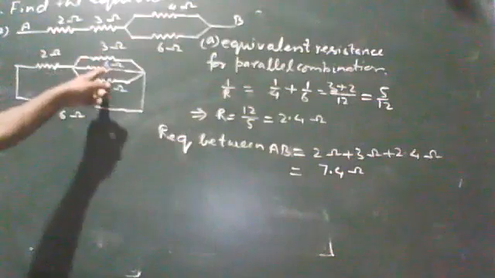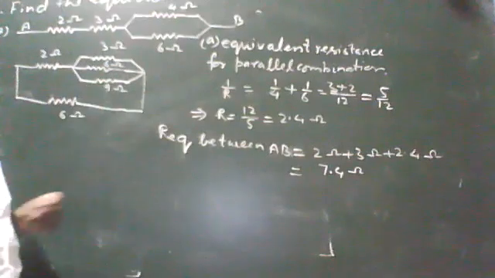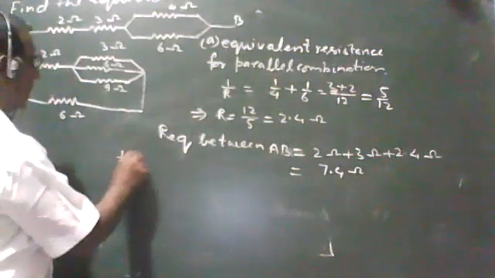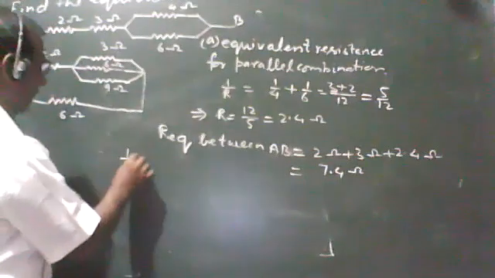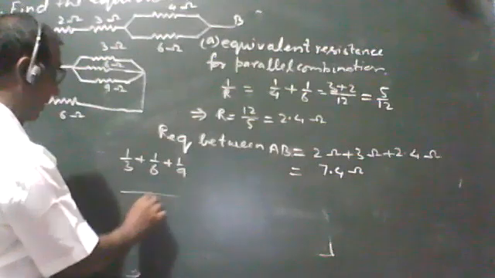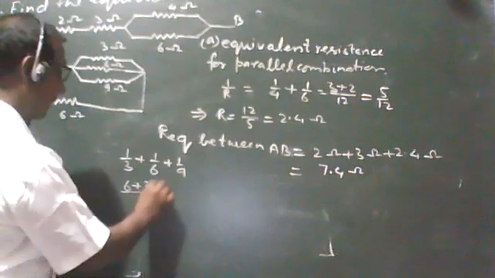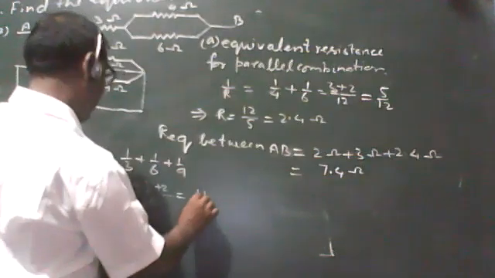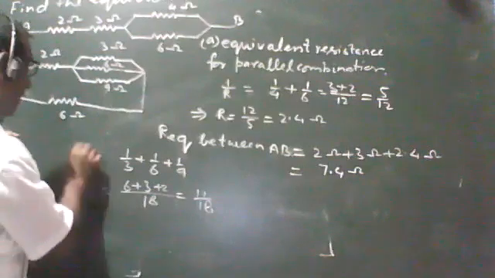This will be 1 upon 3, 1 upon 6, 1 upon 9. The LCM will be 18, and you can add it yourself. I am doing rough work only, not for the solution. 1 upon 3 plus 1 upon 6 plus 1 upon 9 with LCM 18 will be 6 plus 3 plus 2, which is 11 upon 18. 1 upon R is equal to 11 upon 18.